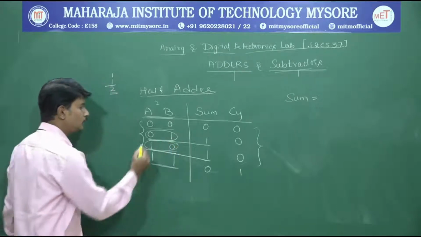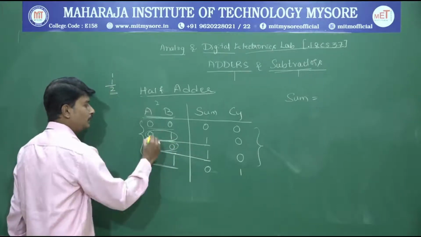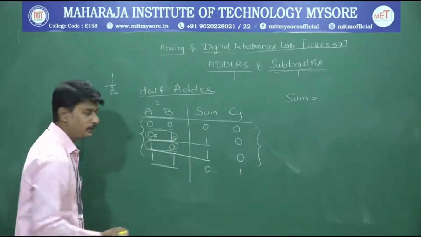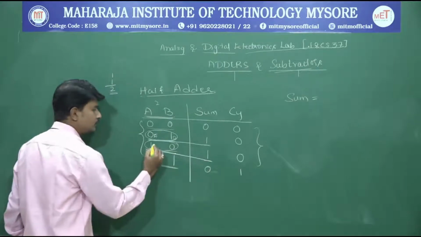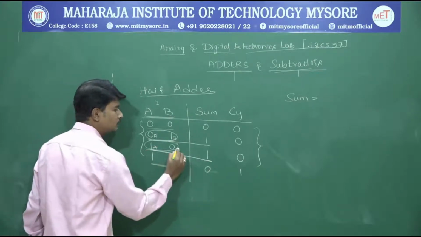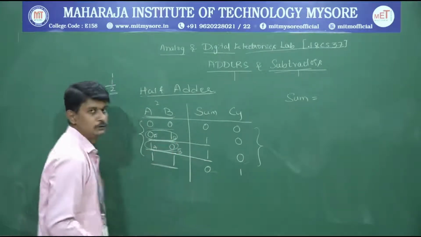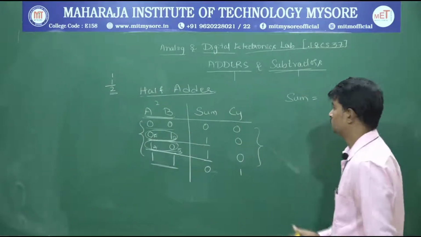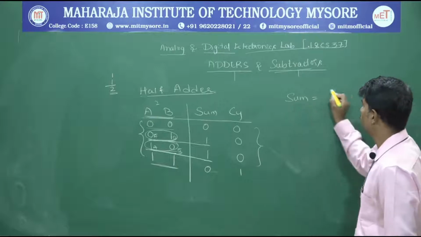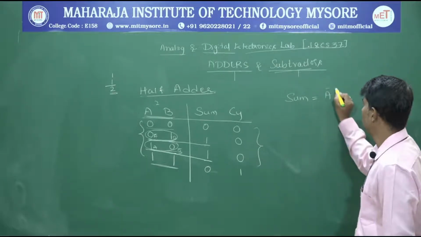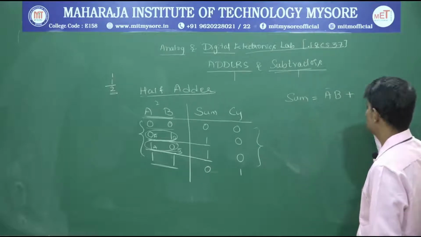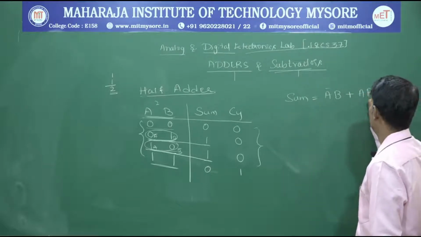As you can see here, this is nothing but A bar, this is just B. Similarly, for the next high condition, this is A and this is B bar. So now if I want to write an expression for the half adder circuit, then for the sum I'm going to get A bar B plus A B bar.